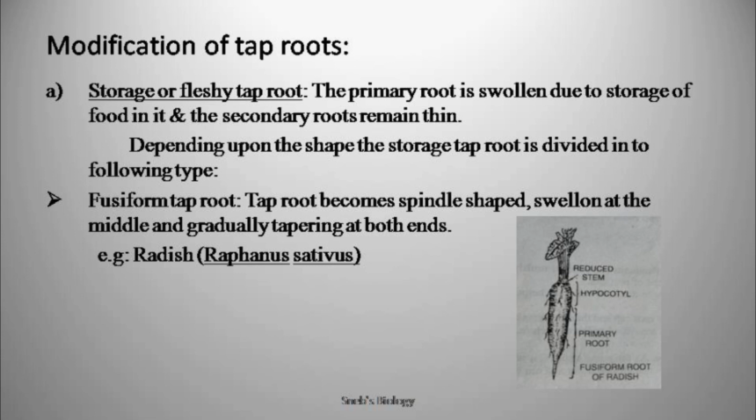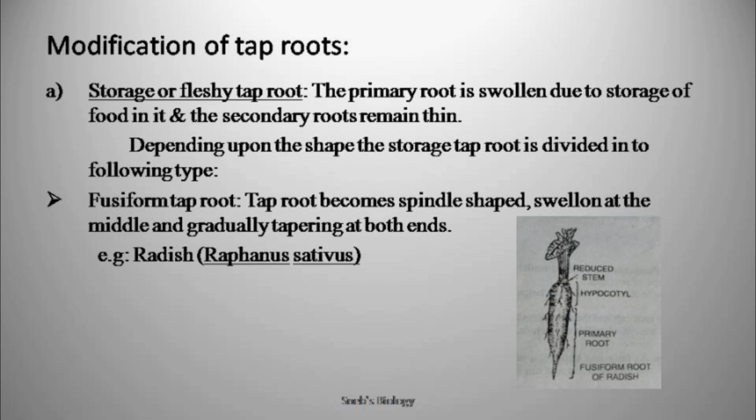First, fusiform taproot. In fusiform roots, we can see the base is a little narrow, then it is widened in the middle and tapered towards the tip. Sometimes we find some very fine hair-like branches arising from the taproot. For example, radish.